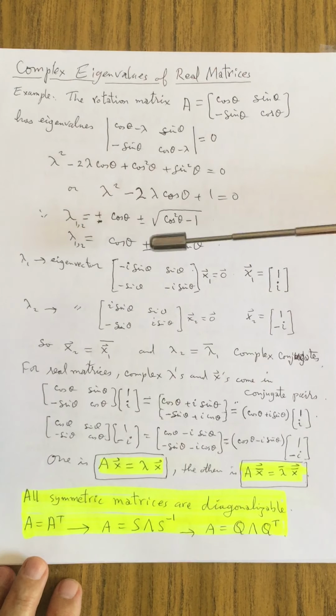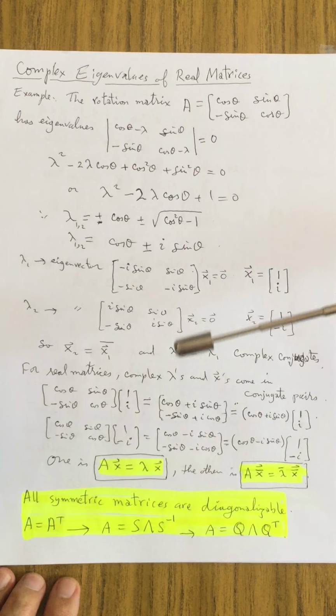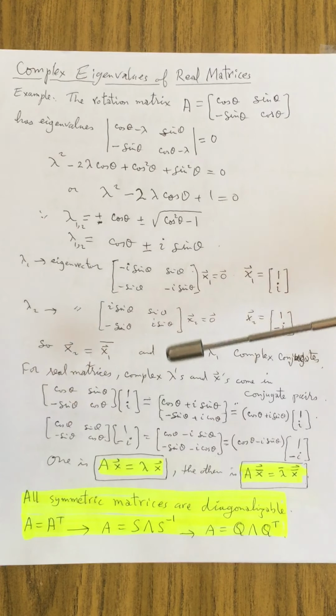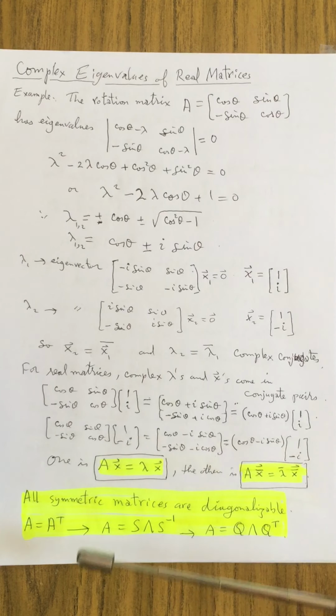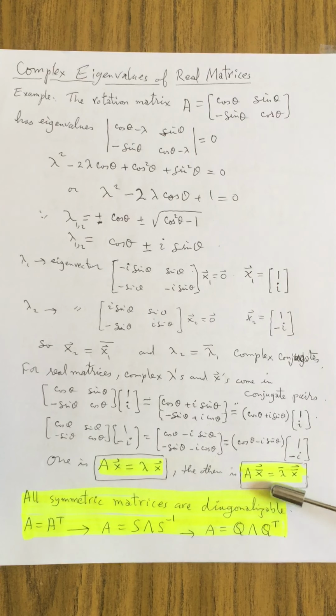So if we substitute into the equation Ax equals lambda x, for the first eigenvector, multiply matrix A with (1, i), and you will find that lambda 1 factors out times x1, and the same thing for the second eigenvector, lambda 2 times (1, -i). So one of them is Ax equals lambda x, the other is A x bar equals lambda bar x bar.